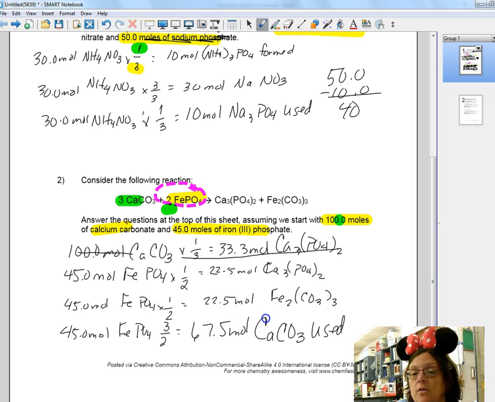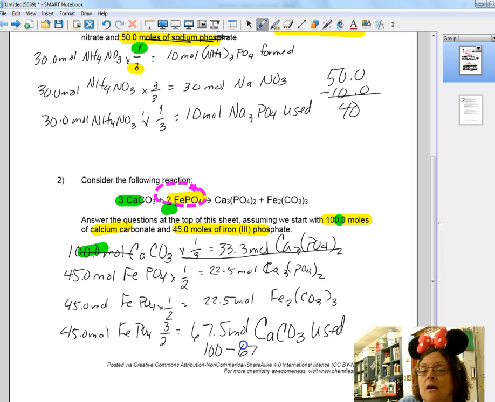What did we start with? Remember? We started with 100. So our leftovers are going to be 100 minus 67.5, which gives you a grand total of 32.5 excess.